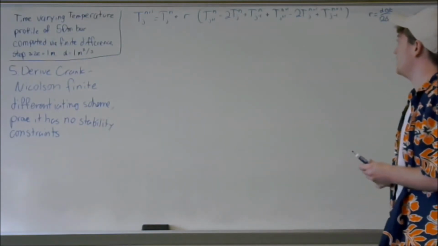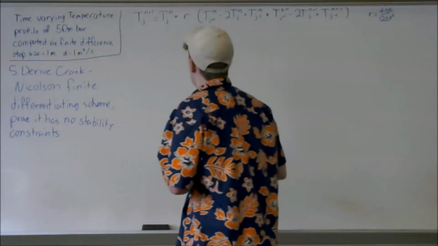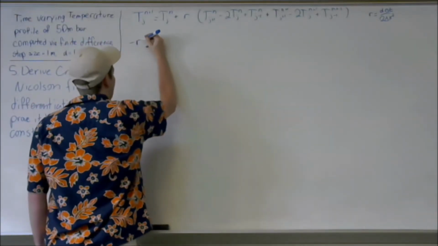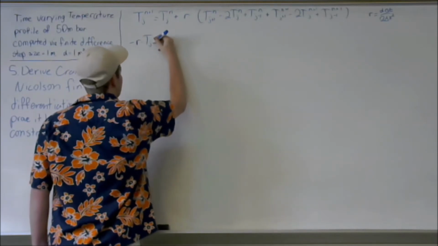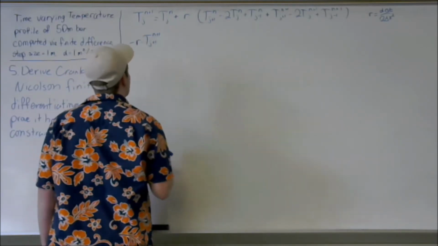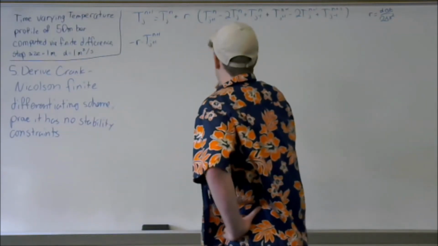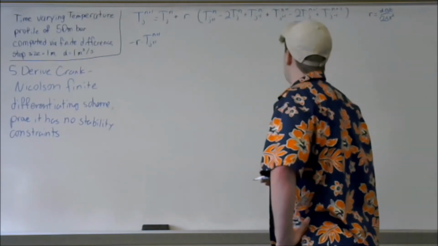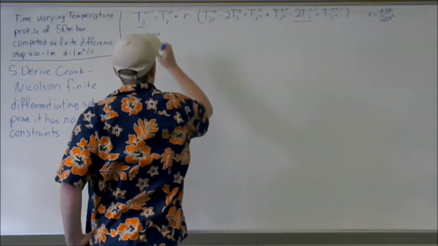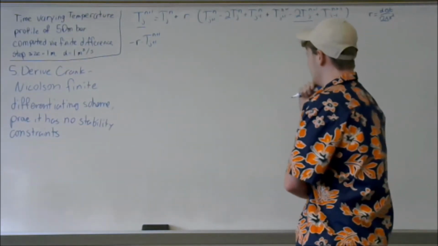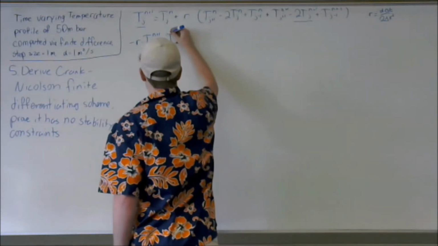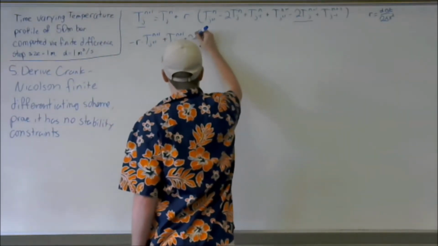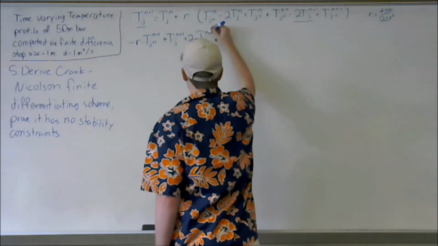So how are we going to do that? Let's start. We're going to have a negative r times T_{j+1}^{n+1}, and then we've got minus 2 T_j^n and plus 1. So what is that going to be? Plus T_j^{n+1} plus 2r T_j^{n+1}.